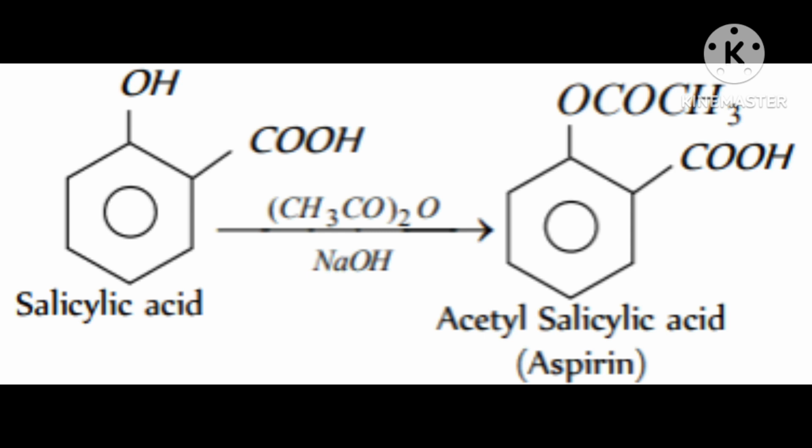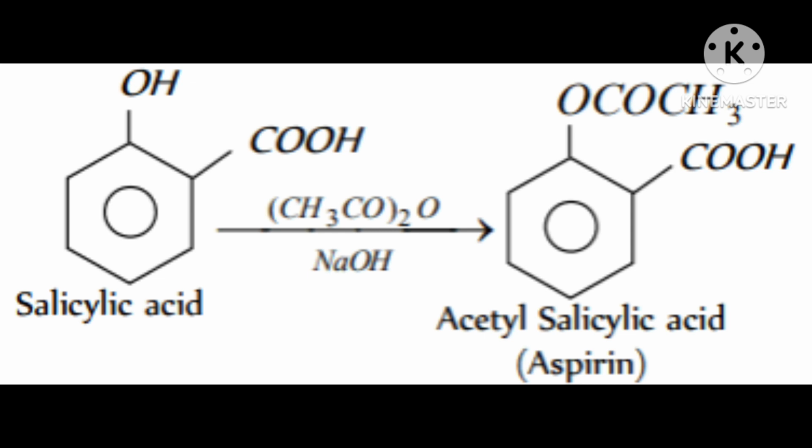The remaining will be again CH3CO and one oxygen, which has a negative charge. This negative charge it got after breaking that carbon-oxygen bond. And now this is the other CH3CO, and again from this CO, one minus is there.